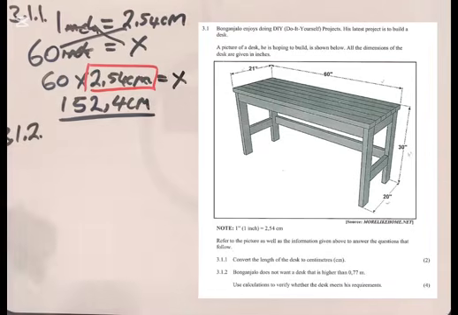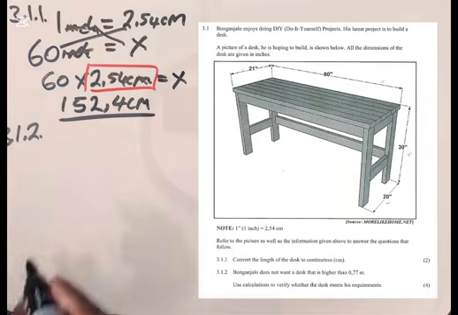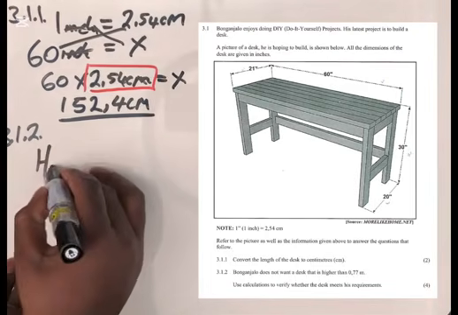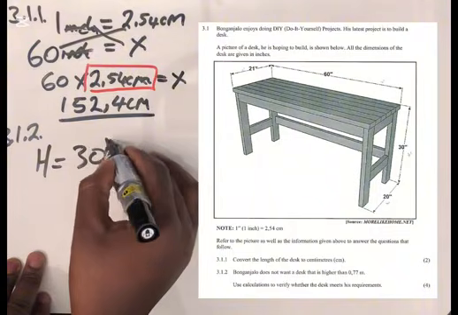3.1.2 says that Bonganjalo does not want a desk that is higher than 0.77 meters. Use calculations to verify this. So he needs a height less than 0.77. The height that he has is 30 inches.